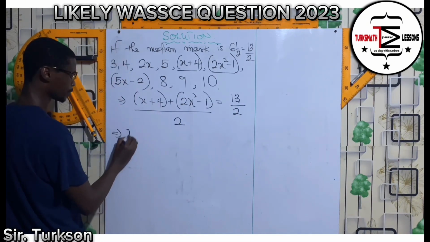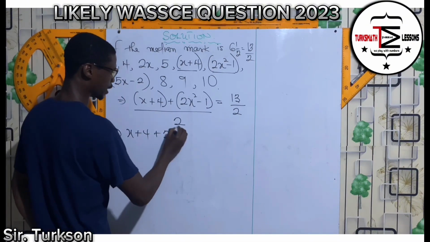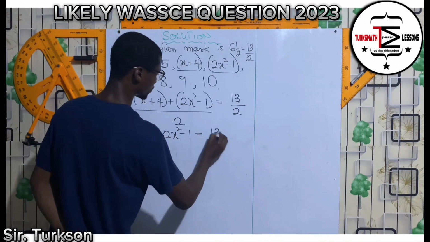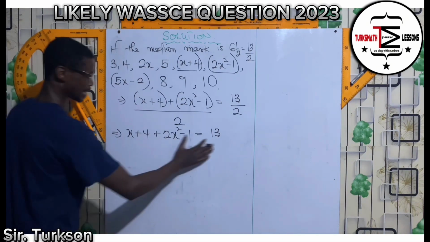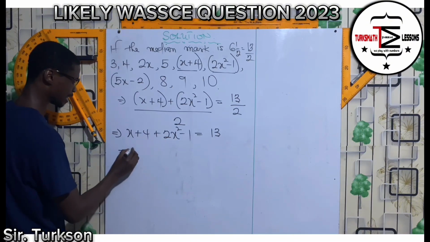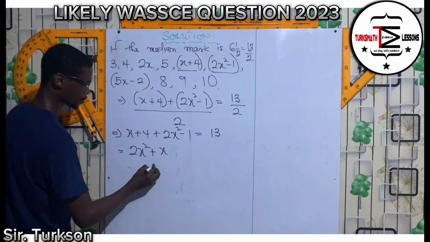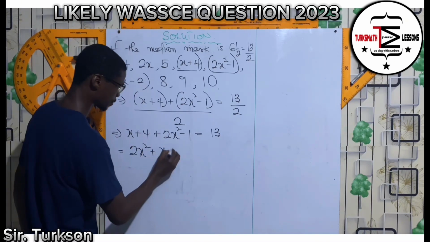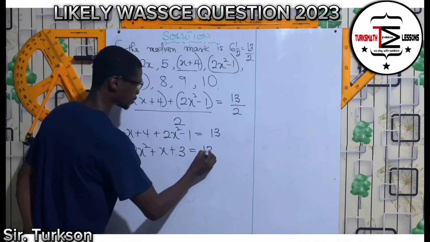So (x + 4) + (2x² − 1) = 13. Grouping like terms, I'm going to have 2x² + x, and 4 minus 1 will give us plus 3, equals 13.